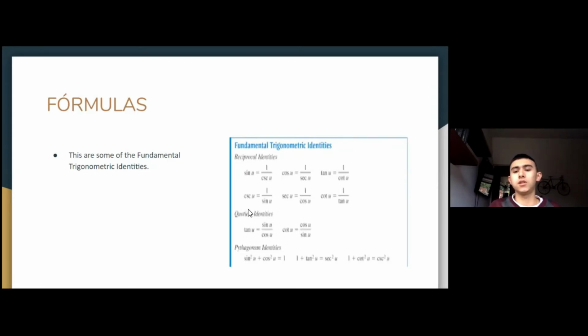So cotangent is cosine of u divided by sin of u. And the Pythagorean identities are, for example, sin square u plus cosine square u, that's equal to 1. We also have 1 plus tangent square u is equal to secant square u.